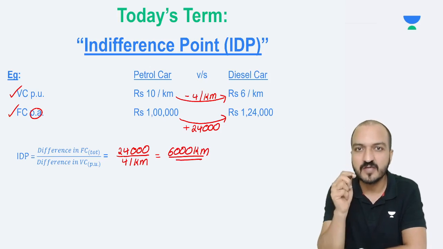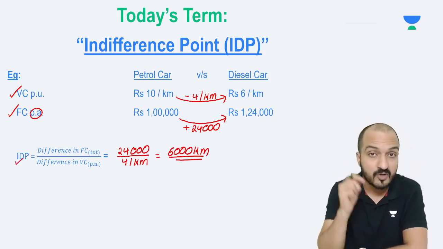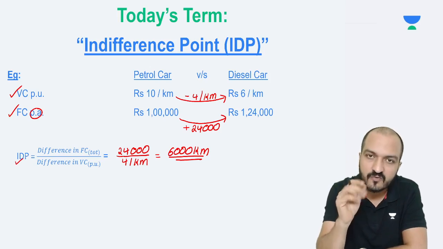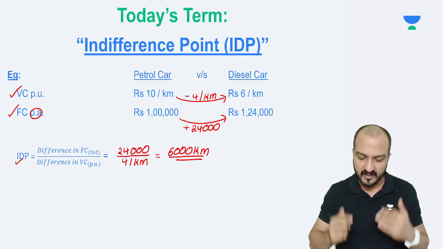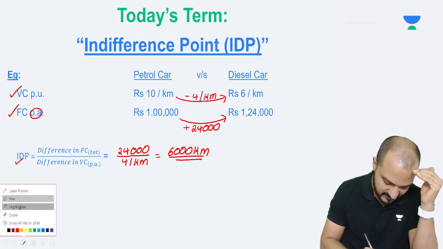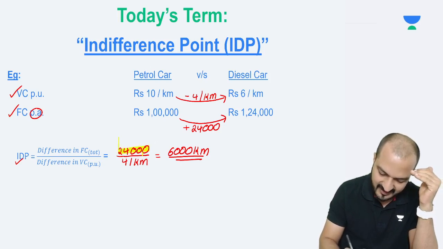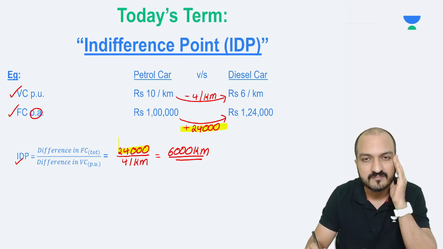This 6,000 becomes your indifference point. Why? Because if you use the car for more than 6,000 kilometers, then you would have accumulated enough savings to recover that extra cost of 24,000.